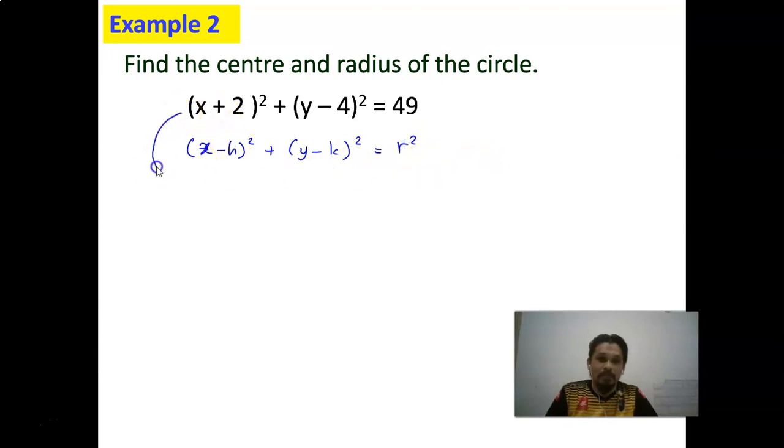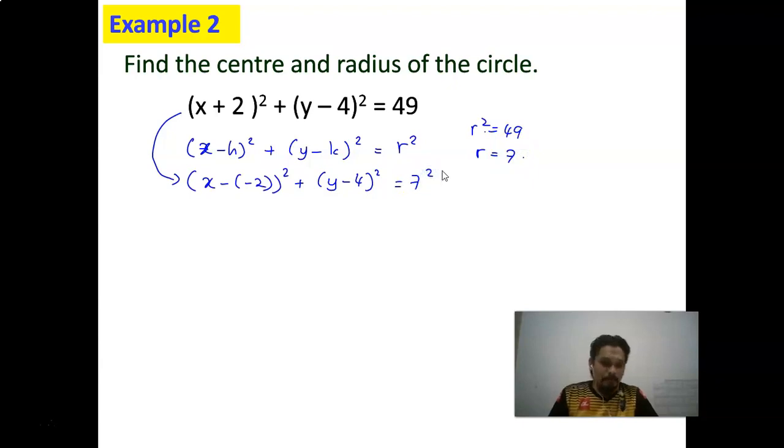Look at this one: (x minus negative 2) squared plus (y minus 4) squared equals 49, where r squared equals 49. Then r equals the positive value, which is 7. So the center (h, k) has h equal to negative 2 and k equal to 4, where r equals 7.